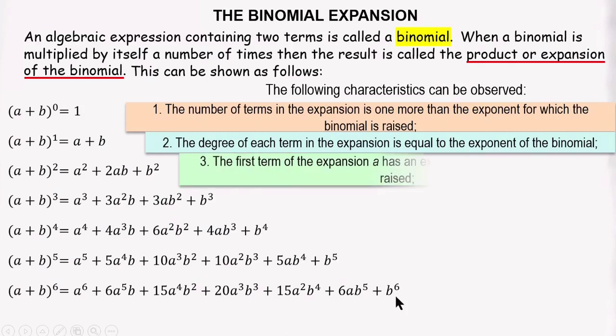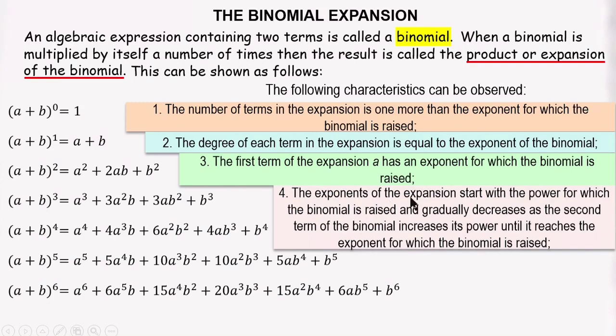Another characteristic: the first term of the expansion, a, has the exponent to which the binomial is raised. So kung ano ang exponent ng binomial, ganun din ang exponent ng first term sa expansion. Then, the exponents of the expansion start with the power to which the binomial is raised and gradually decrease as the second term of the binomial increases its power until it reaches the exponent to which the binomial is raised.